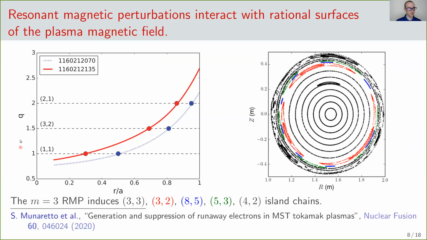And the measure of this twisting is called safety factor, often using the letter Q. And Q is defined as the number of toroidal transits a field line takes in order to execute one poloidal transit.